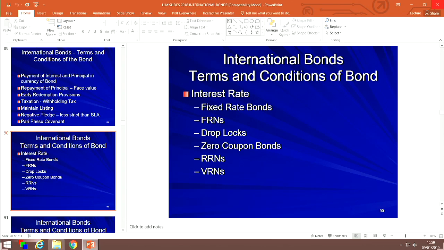It remains locked at that threshold level, and bond investors will be paid that threshold floor level until the end of the term of the bond. And that's why the markets call it a drop lock bond. Interest rate drop, the bond has a floor level at which it locks interest rates at that level, and then it stops there. It keeps at that level for forever and a day until the bond is repaid.